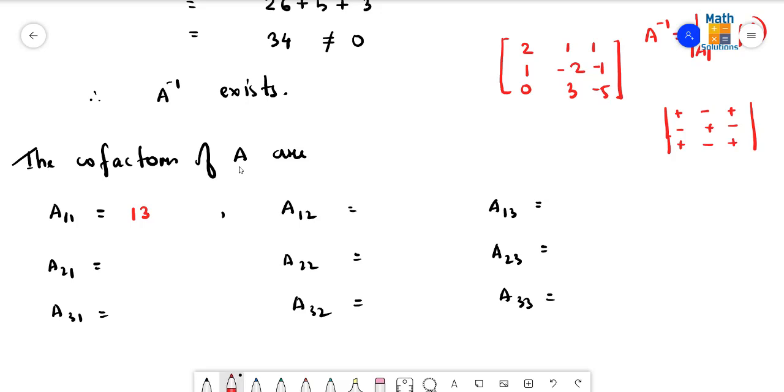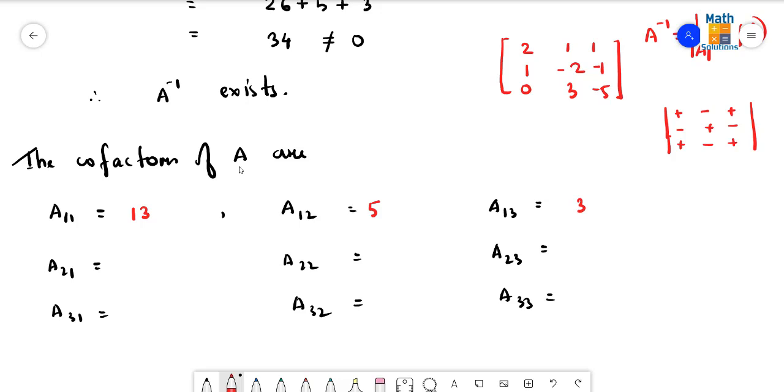Then I shall be getting this result for A12. Will it be 5? Yes, the negative sign convention will be there, and this is negative, so ultimately 5. Then A13 comes as 3.